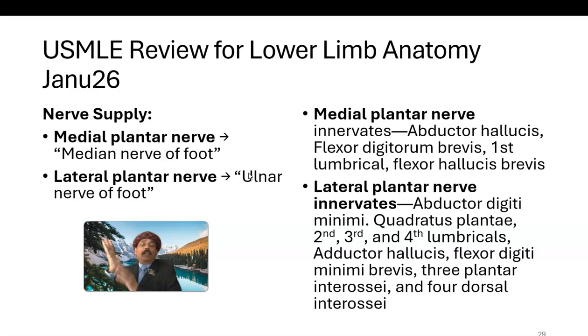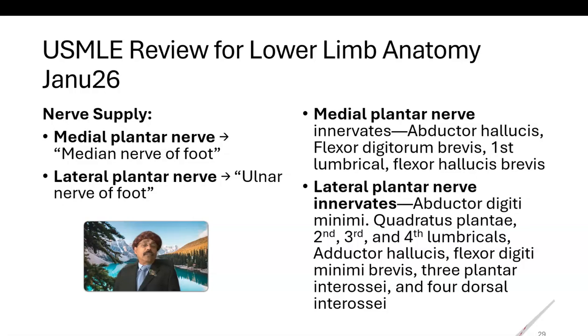We have the ulnar nerve in our hand, with a lot of distribution to the intrinsic muscles. Like this, lateral plantar nerve has a lot of innervation: abductor digiti minimi, quadratus plantae, second, third, fourth lumbrical, adductor hallucis, flexor digiti minimi brevis, 3 plantar interossei and 4 dorsal interossei.